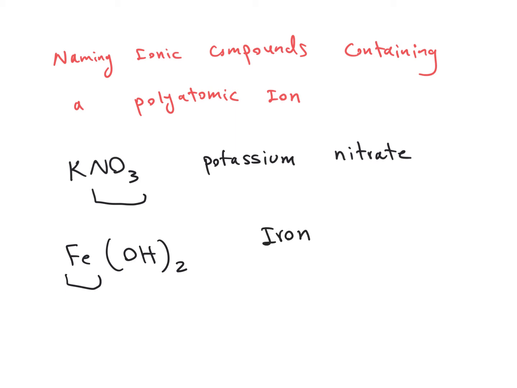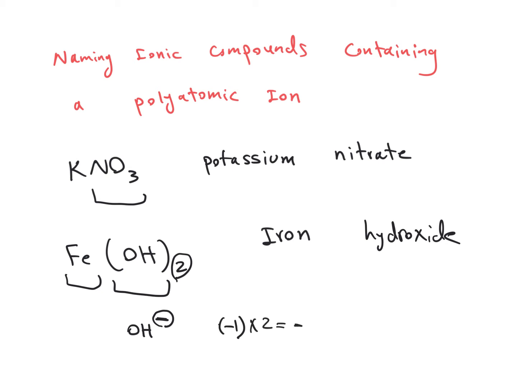Exactly. And basically, I give you hydroxide, and you realize that that is OH minus, right? And you have 2 of 1 negative charge. So each OH has a charge of -1, multiplied by 2 would be -2.